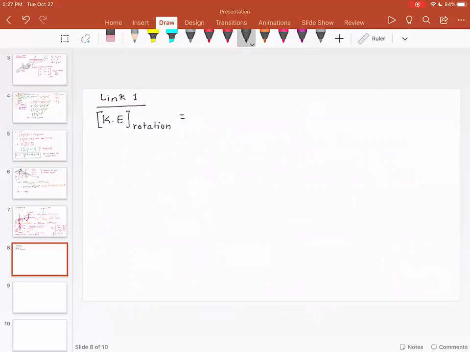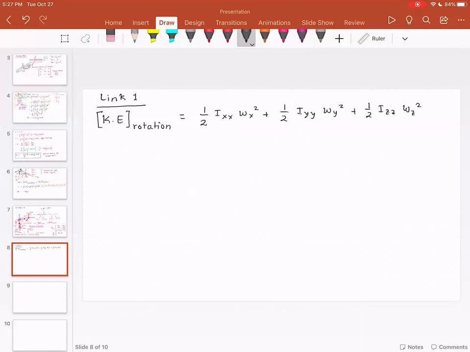Kinetic energy of rotation for link 1 is given as 1/2 Ixx omega x square plus 1/2 Iyy omega y square plus 1/2 Izz omega z square. Now the question is, where do we get omega x, omega y, and omega z?